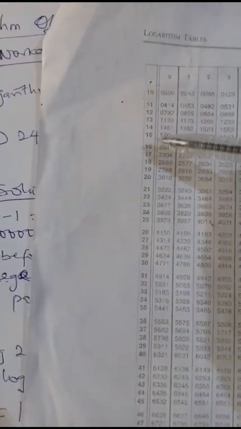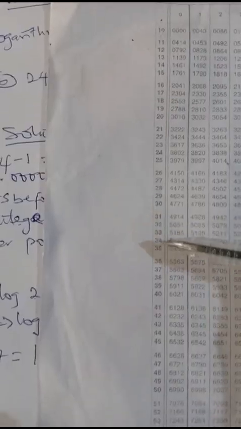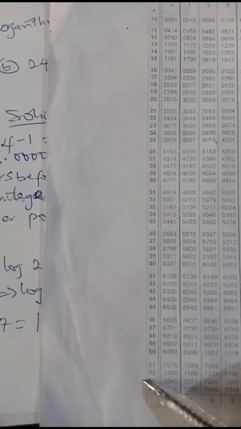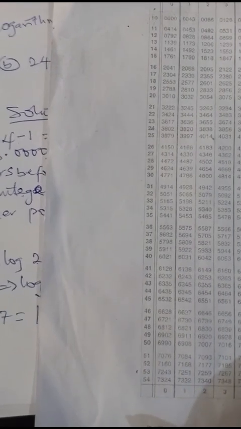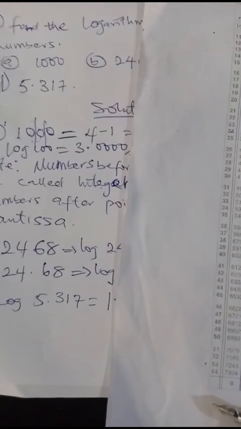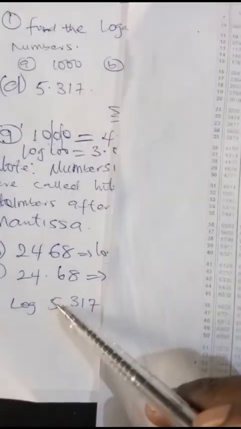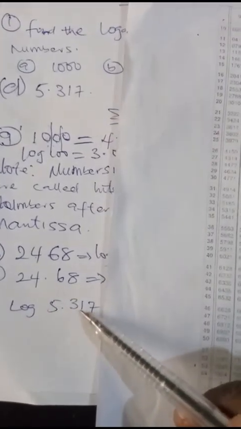Let's go and check it. This is where I say you check 53, the first 2 numbers. You run it down. You can see this 53. Under what? We said under 1. 53, 5 and 3 under 1. Then difference 7 under 1.